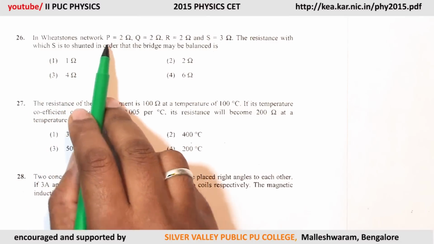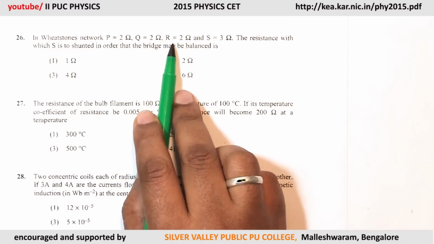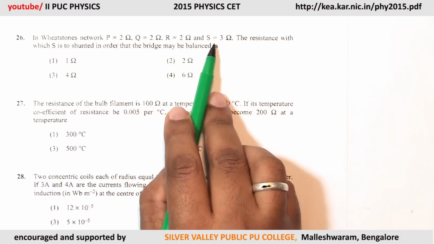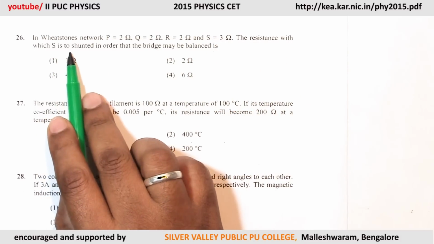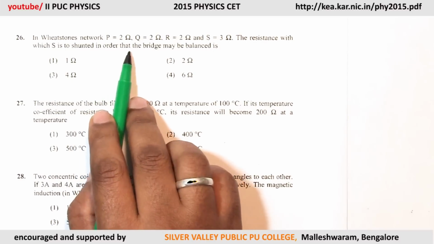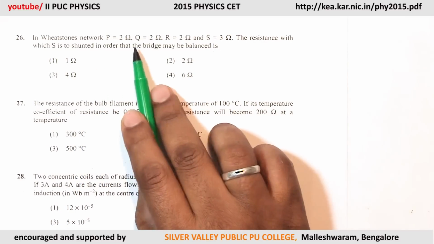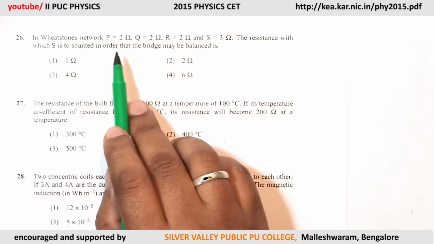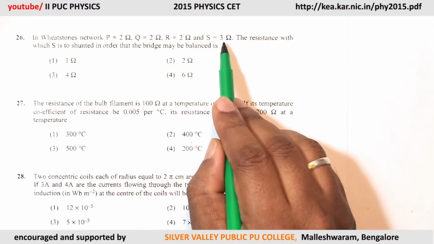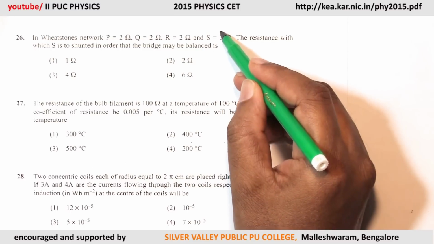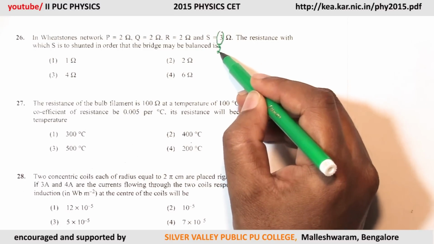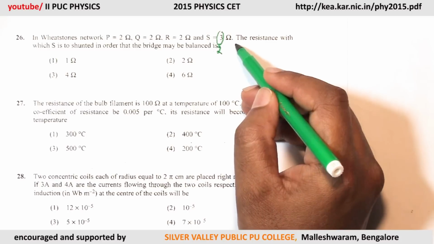In Wheatstone's network, PQRS are 2, 2, 2, 3. Find the resistance with which S is shunted in order that the bridge may be balanced. If you carefully see, all the values are equal except S. If this also becomes 2, then the bridge is balanced.